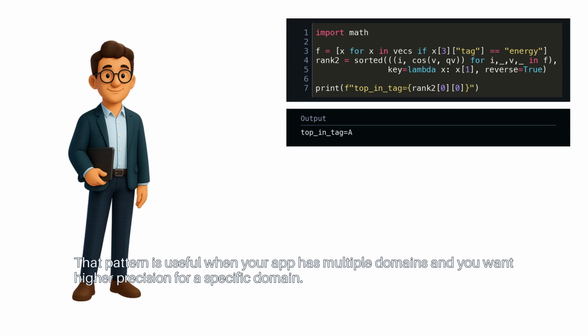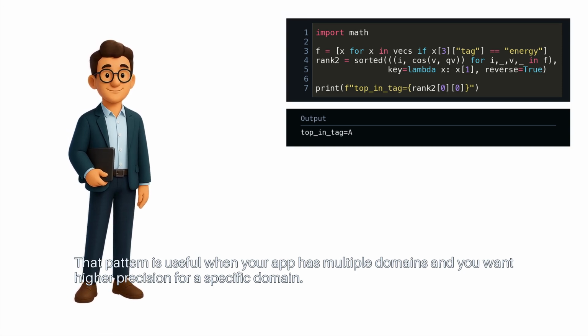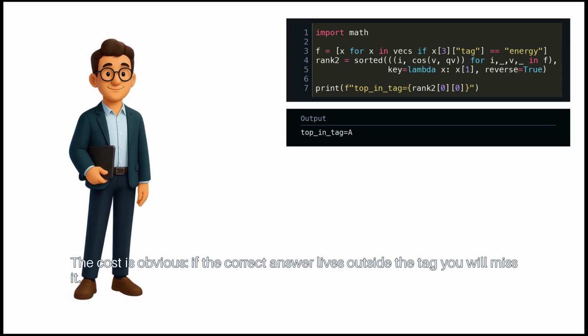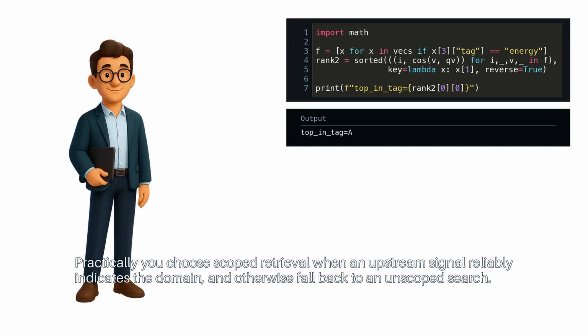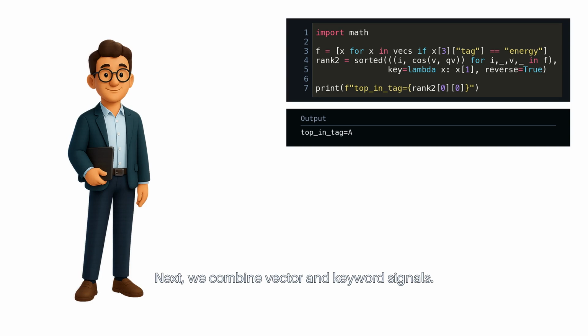That pattern is useful when your app has multiple domains and you want higher precision for a specific domain. The cost is obvious. If the correct answer lives outside the tag, you will miss it. Practically, you choose scoped retrieval when an upstream signal reliably indicates the domain, and otherwise fall back to an unscoped search.